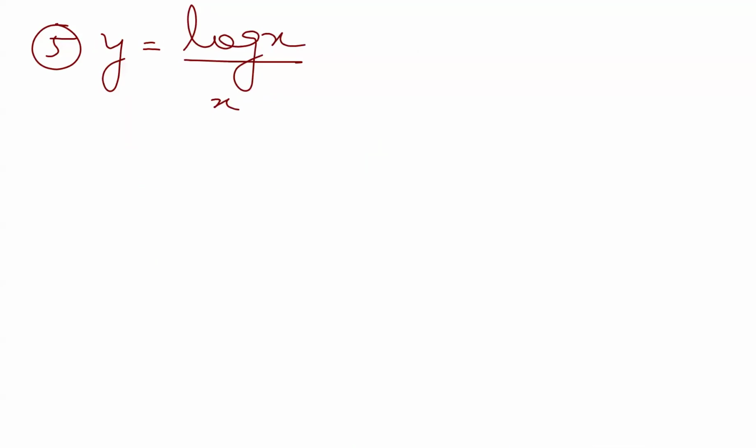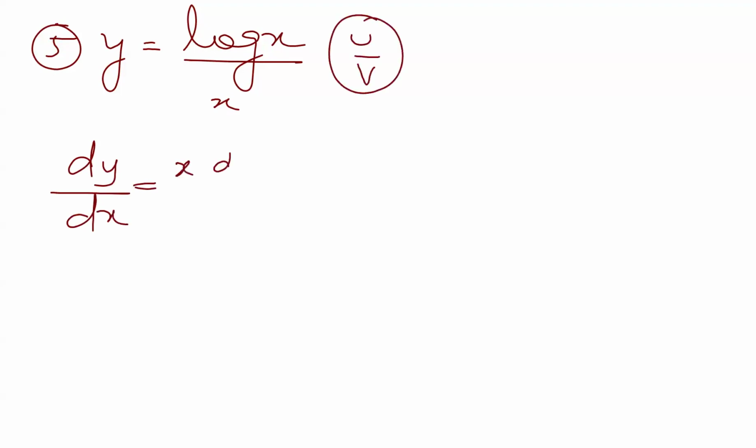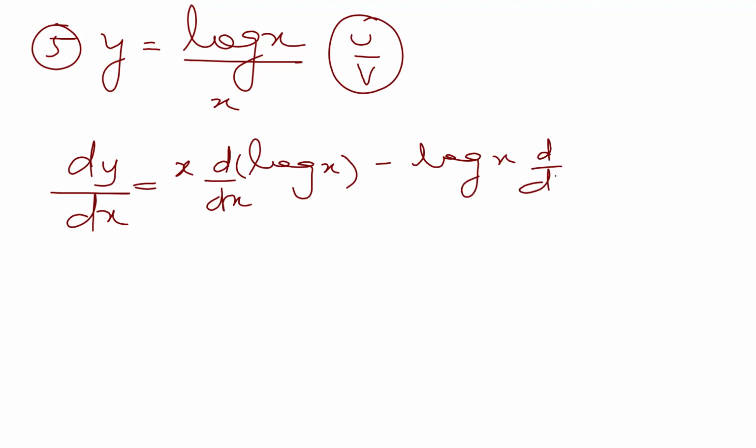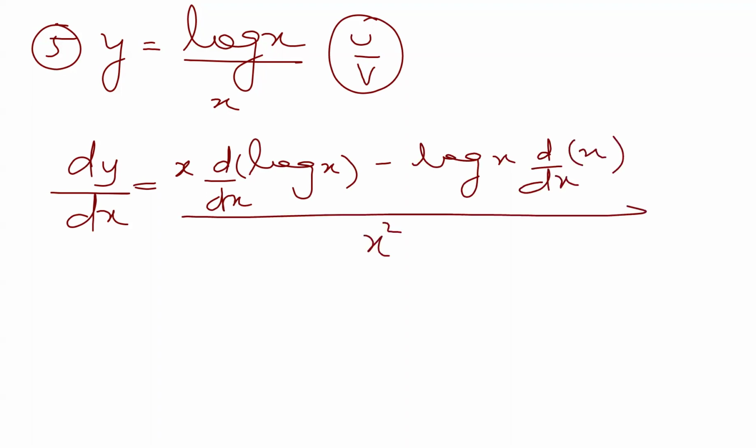So for dy by dx, differentiate this once. We are going to apply the quotient rule over here: x times d by dx of log x minus log x times d by dx of x, upon x square.